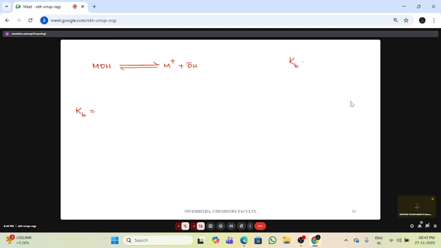Kb is nothing but the equilibrium constant, ionization constant, or dissociation constant, or base dissociation constant.